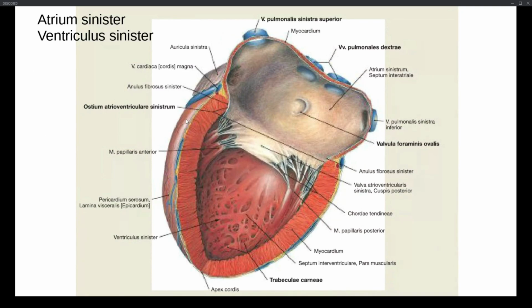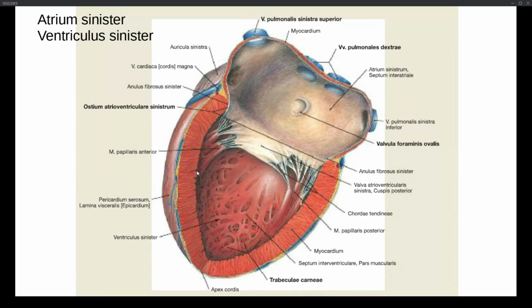On the left side, you need a much higher pressure. It's the normal systolic pressure of 90 to 140 millimeters of mercury. So about four times as much, and thus the ventricle is, even in a normal healthy heart, much thicker than on the right side.